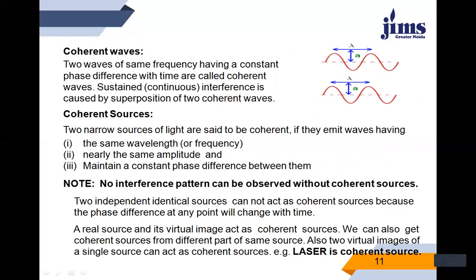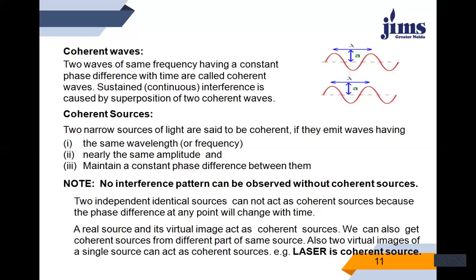It is very important to note here that no interference pattern can be observed without coherent sources. You must know that an interference pattern can only be observed with coherent sources. So this is a very essential point for the observation of interference of light.